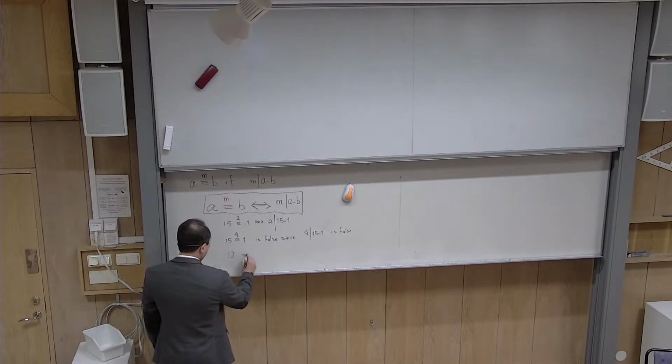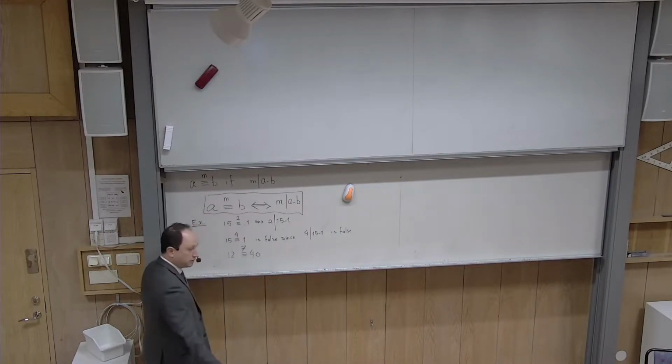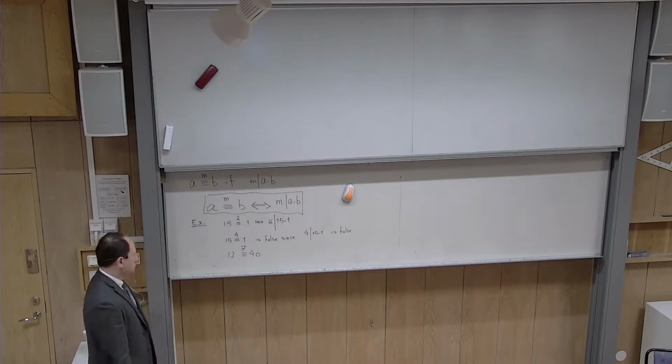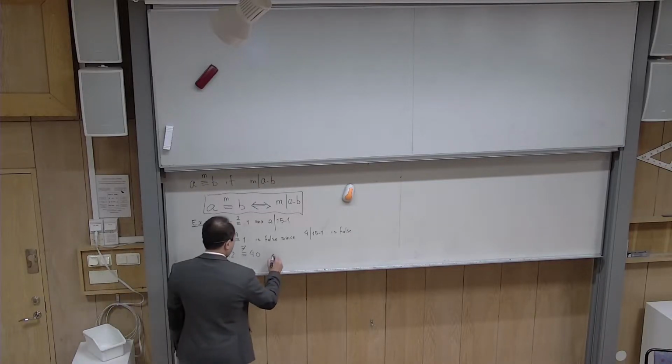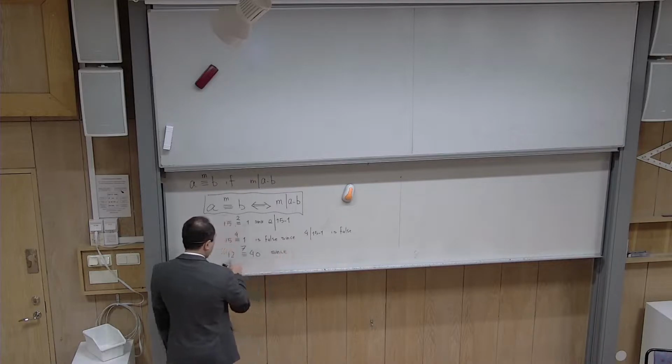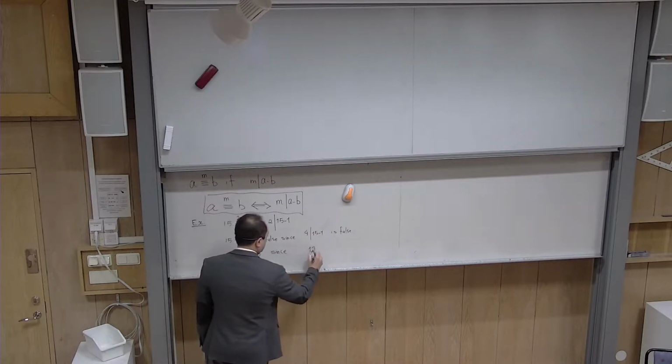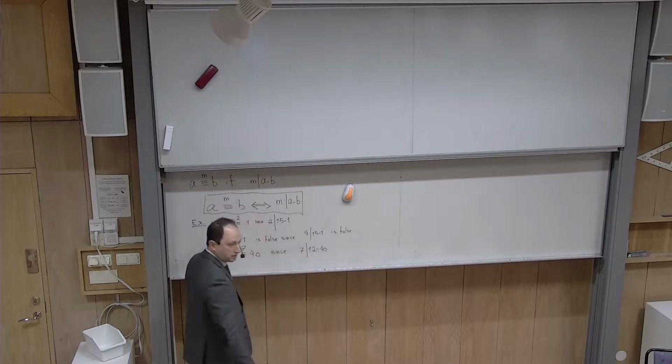So for example, what do you think about this? 12 is congruent to 40 modulo 7. True or false? I think it is true, isn't it? The number on the left minus the number on the right is minus 28, and minus 28 is definitely divisible by 7.